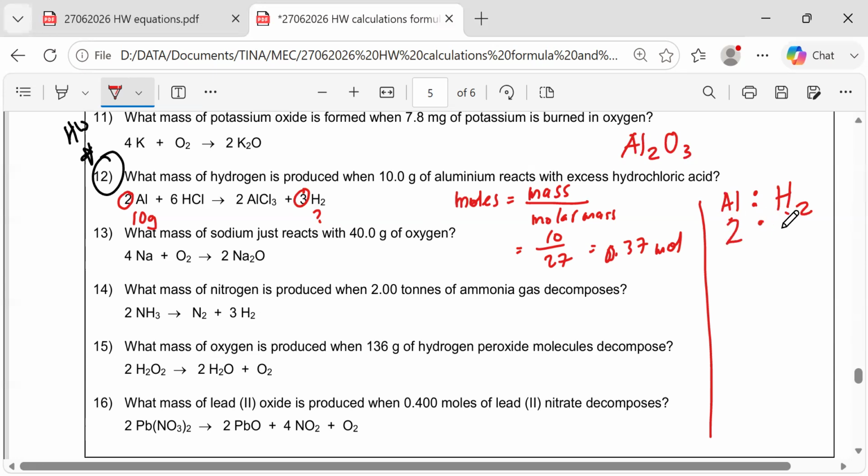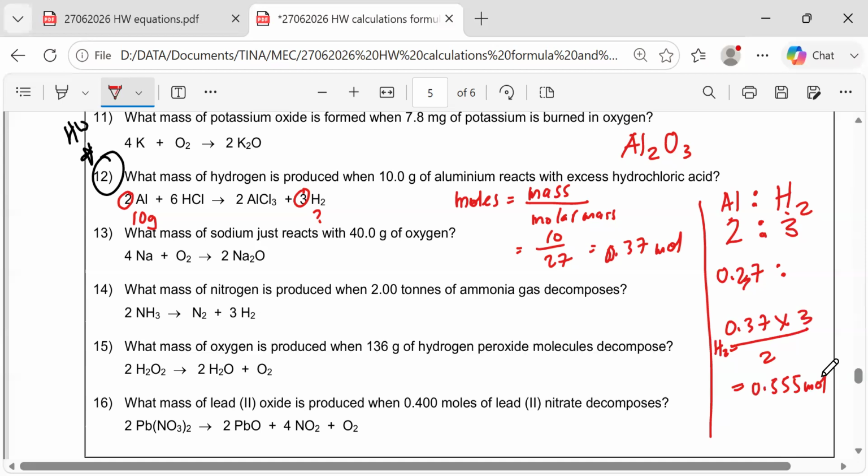So if this one is 0.37, how much is hydrogen? How to count? Times 3 divided by 2, because the ratio is 2 to 3. So 0.37 times 3 divided by 2. That's your moles for hydrogen. Get it? Okay. So you get 0.555 mole.